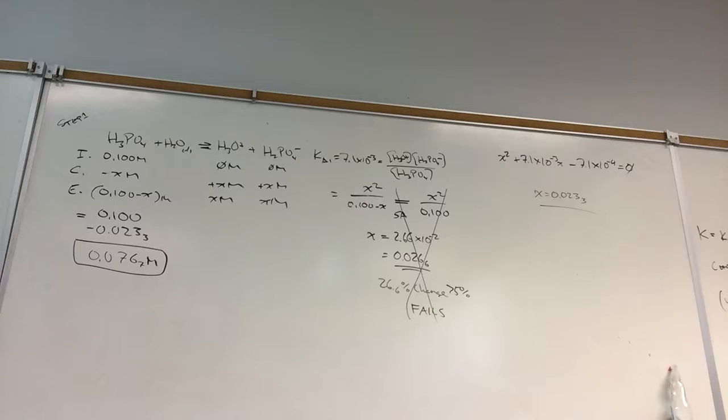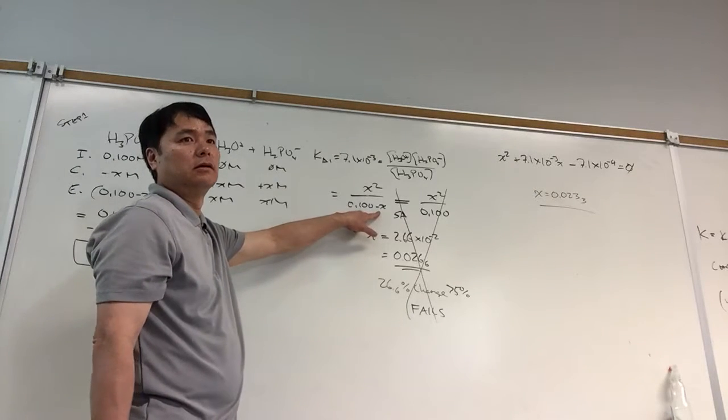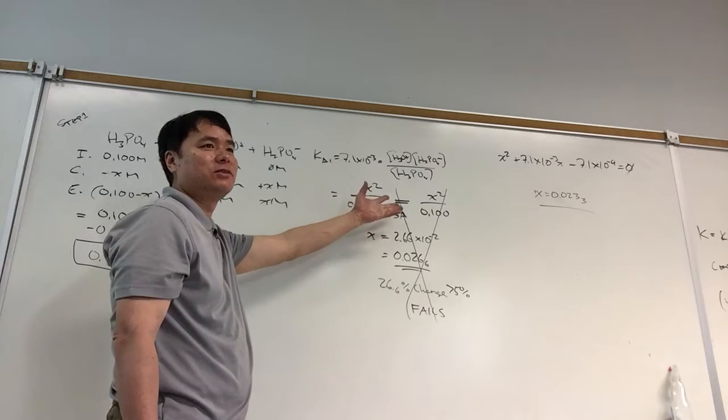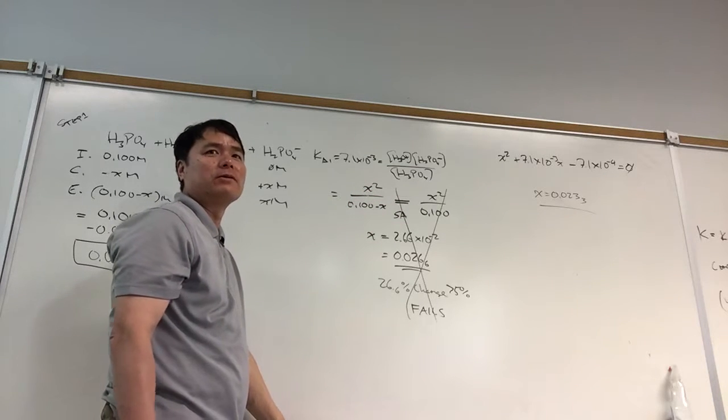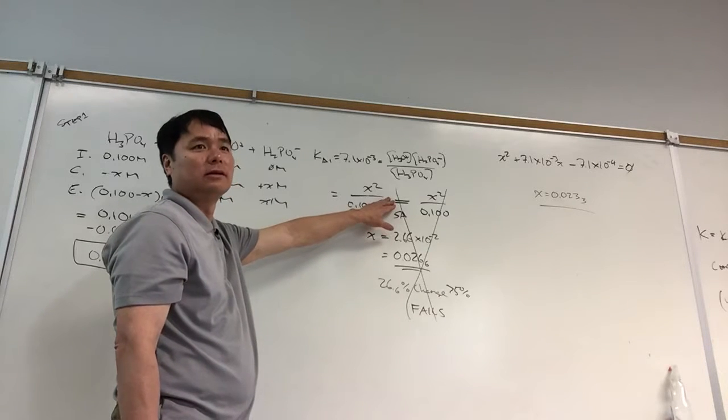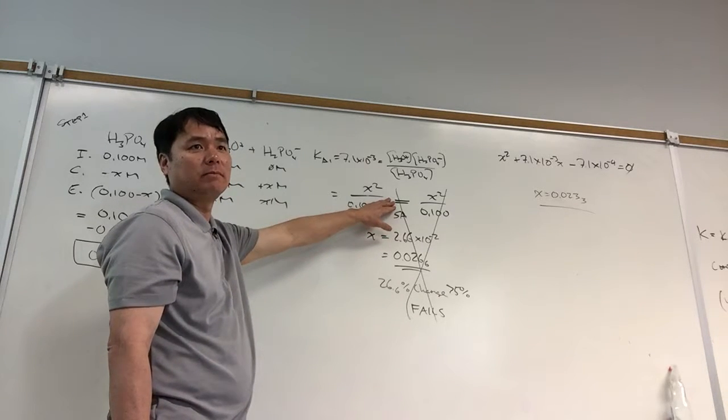So what's the reasoning behind us being able to cancel out that X right here? If this worked, then we wouldn't have to use the quadratic formula. We just use the square root key on the calculator. It's just to save time.